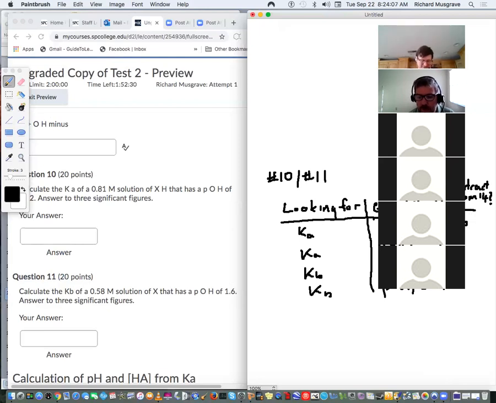If we're looking for Ka, we're given pOH, we still need H plus, so we do need to do a subtraction from 14. In the case of Kb, we need OH minus, but we're given pH, so we would need to do a subtraction from 14. If we're looking for Kb, we're given pOH, we need OH minus, we wouldn't need to do a subtraction from 14.